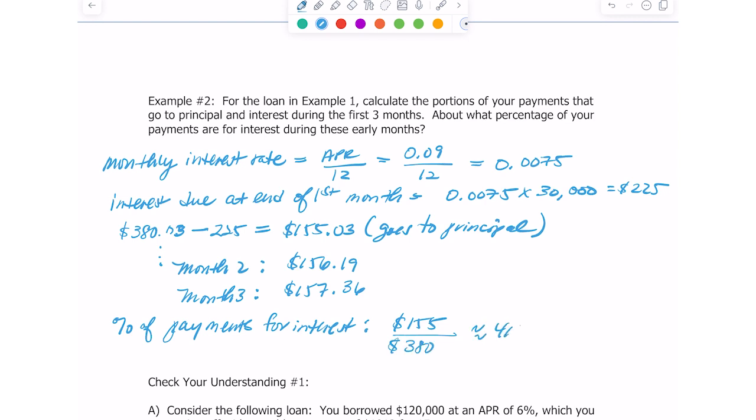So it's about 41% of our payment goes towards the principal. Okay, so this should be principal. So we can figure out which percentage goes towards interest by taking 100% minus 41%. So about 59% goes towards the interest.